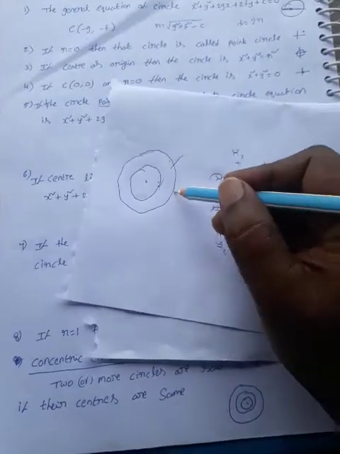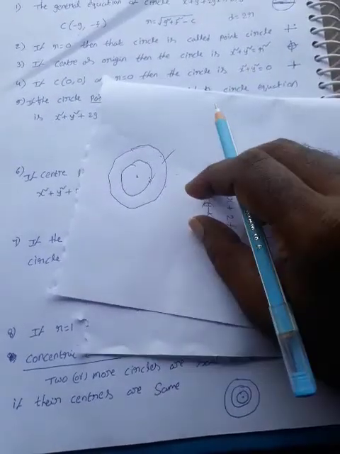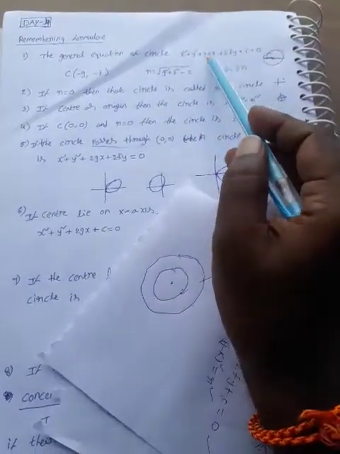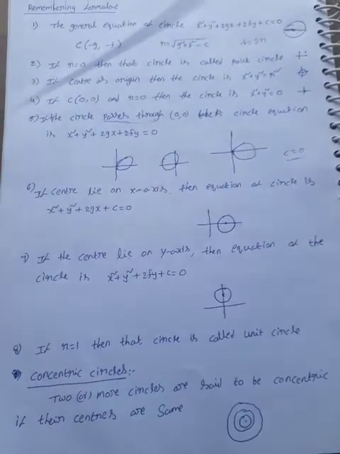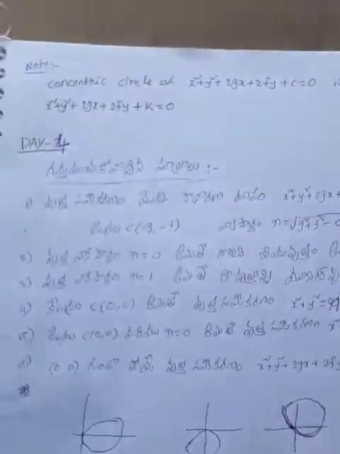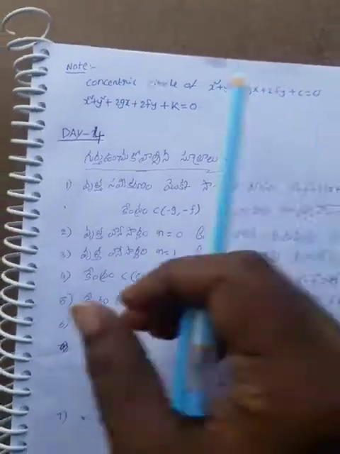When finding the concentric circle, we change the constant term c to k or c dash. The concentric circle of x square plus y square plus 2gx plus 2fy plus c is equal to 0 is x square plus y square plus 2gx plus 2fy plus k equal to 0.